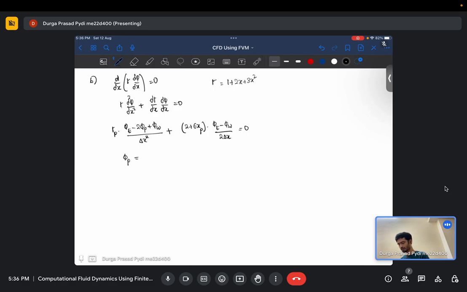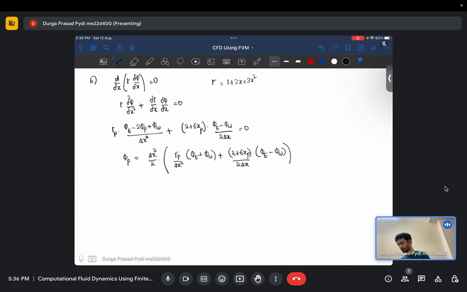So phi P equals delta x square by 2 gamma P into [gamma P by delta x square into (phi east plus phi west) plus (2 plus 6xP) by 2 delta x into (phi east minus phi west)].